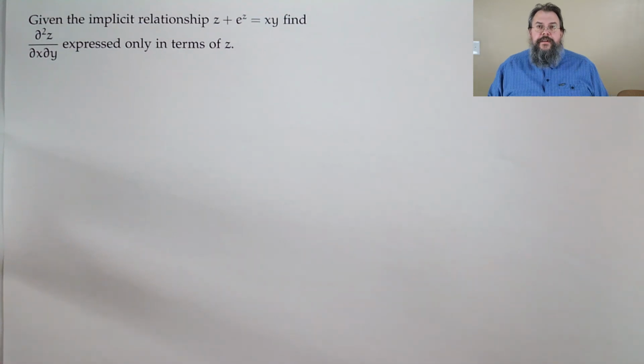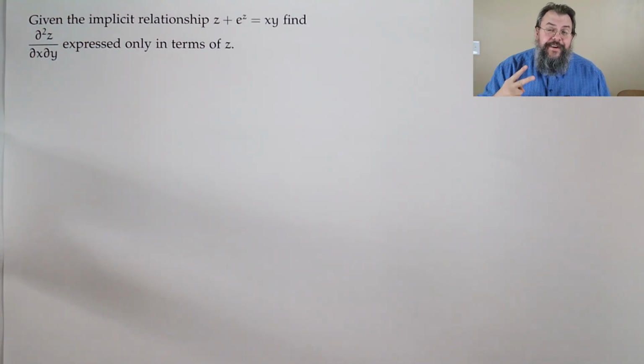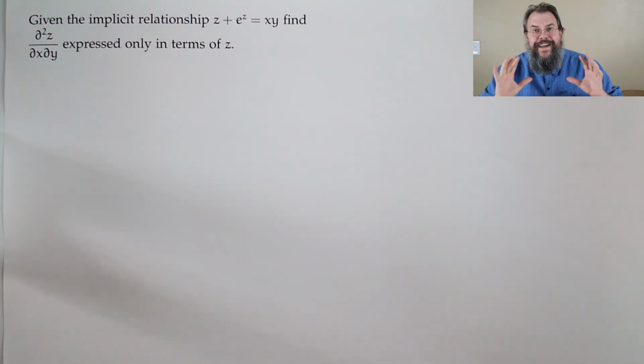So, given the implicit relationship, z plus e to the z equals x times y, we want to find the second partial derivative of z with respect to x and y, only in terms of z. Okay, cool. So we're going to go for the second derivative. We're going to go and take not one, but two derivatives. Woohoo! Nice! All right. Well, how are we going to do it?